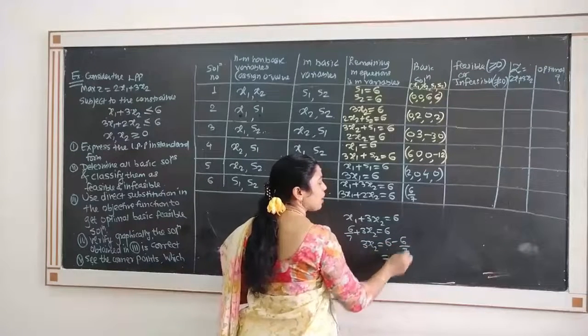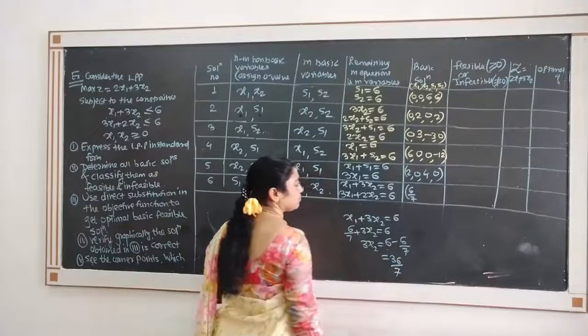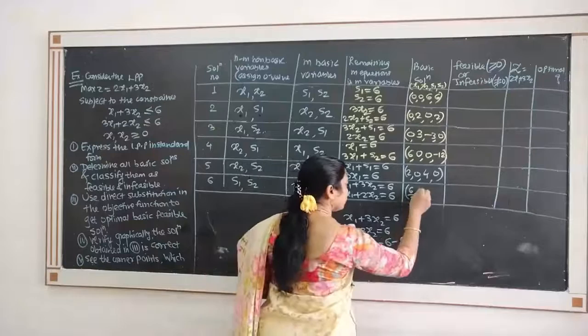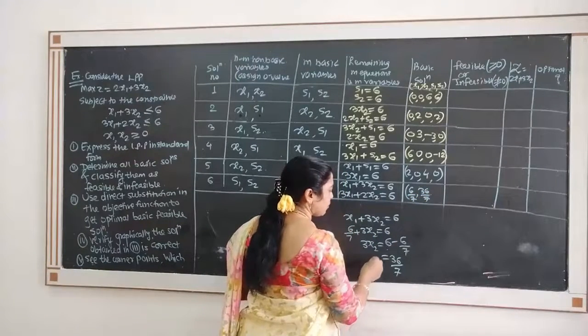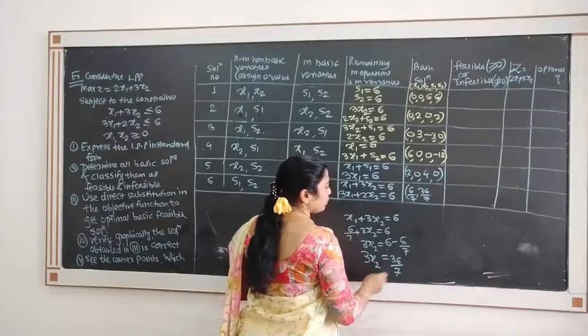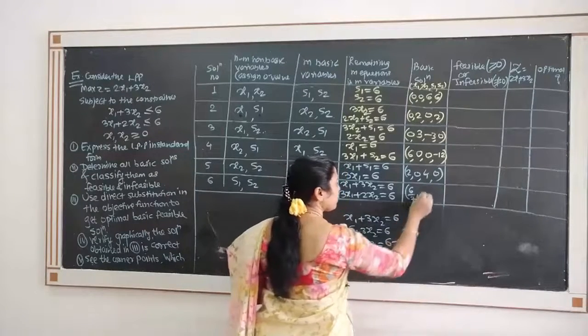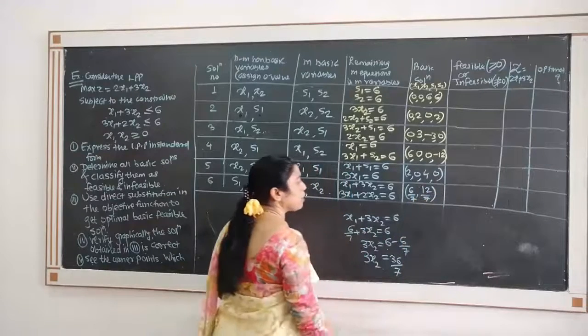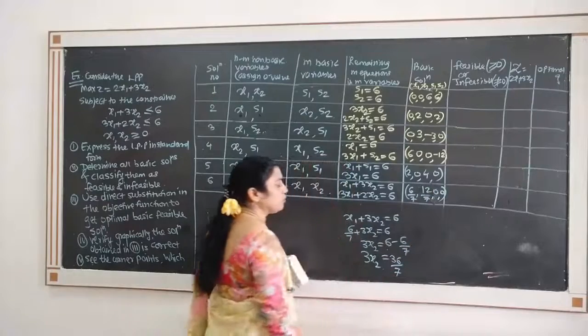That is 42 minus 6, that is 36 by 7. That is the value of 3x2, and because 3x2 is equal to 36 by 7, x2 comes to be 12 by 7, and s1, s2 we are assuming to be 0.